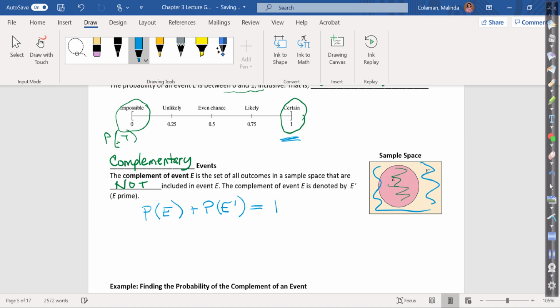What's important, though, is whenever I look at it in a little different light, the probability of the event by itself would be equal to, I'm doing a little algebra here, if I subtract the complement from both sides, I would say the probability then of E would be equal to 1 minus the probability of the complement.